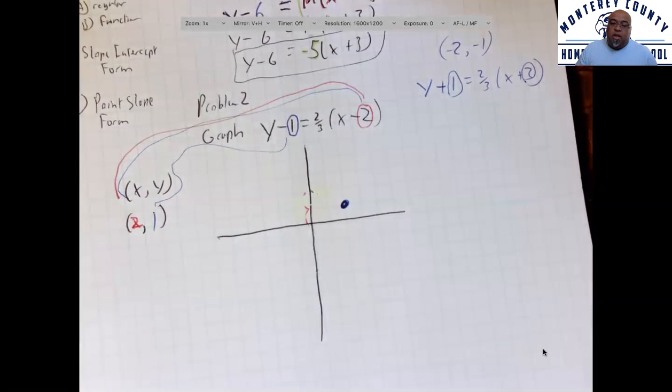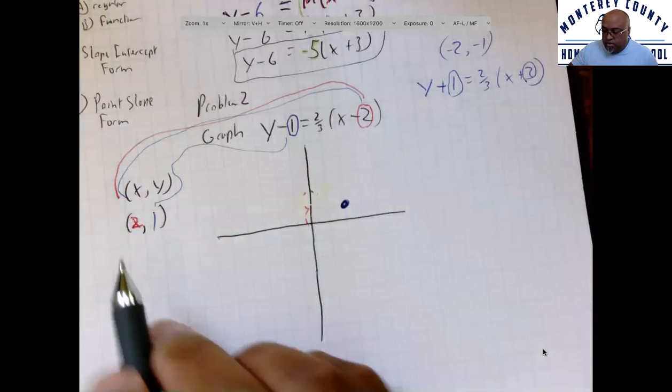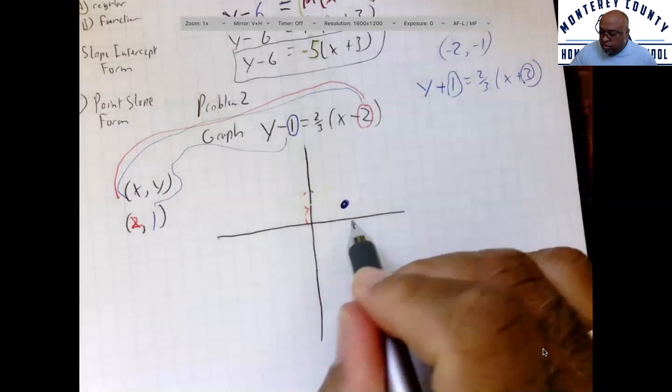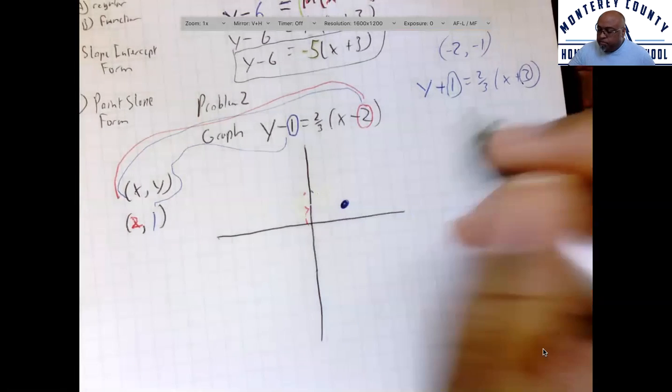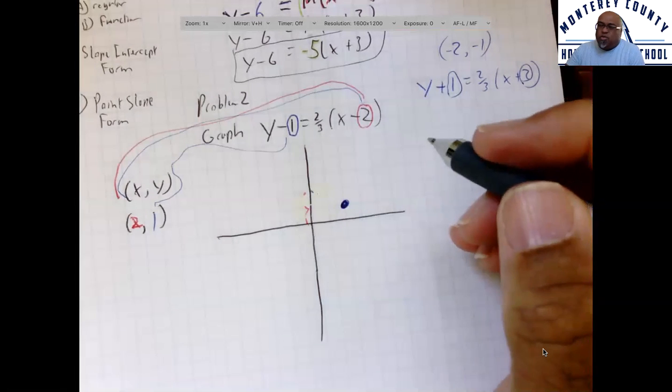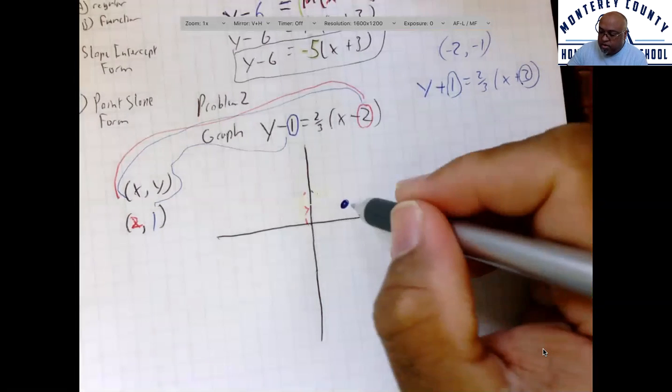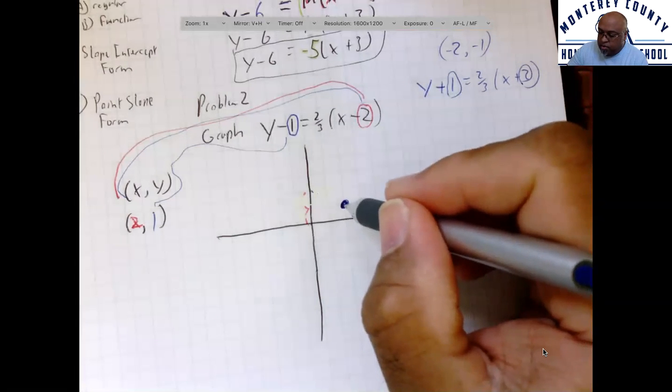So the point is my x value is 2 and my y value is 1. So 2 over and 1 up, and then that gives me the point. It is interesting how you can confuse them, because the way that you find the spot of a point on the graph is very similar to how we do slope.